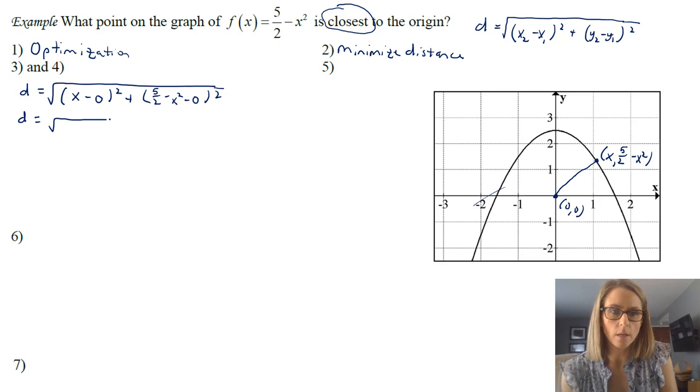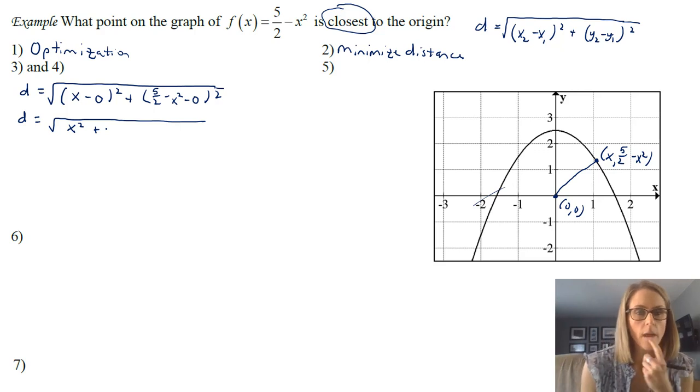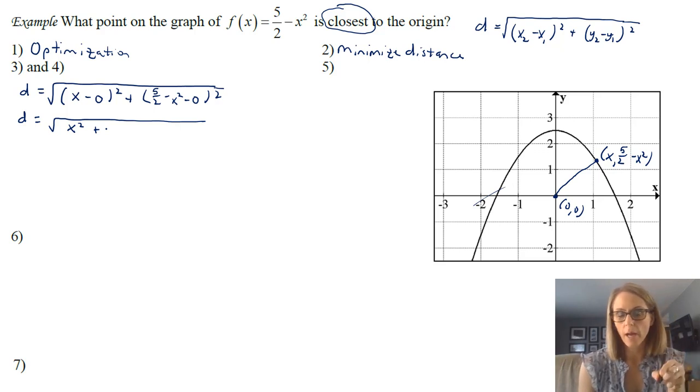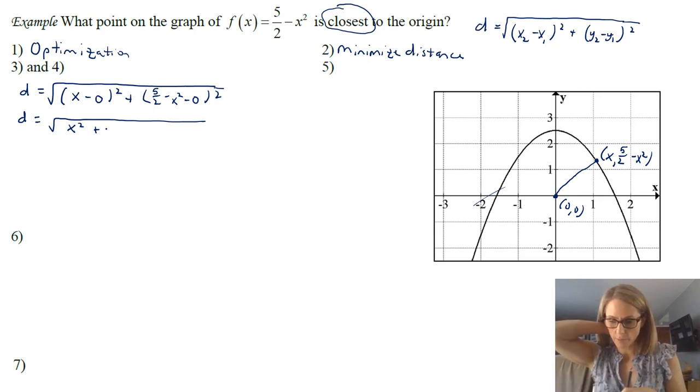So I'll simplify this a little bit here. I'm going to have x squared, because x minus 0 squared is x squared. And then the second piece is, of course, 5/2 minus x squared, squared. So you'd be doing 5/2 minus x squared times 5/2 minus x squared.